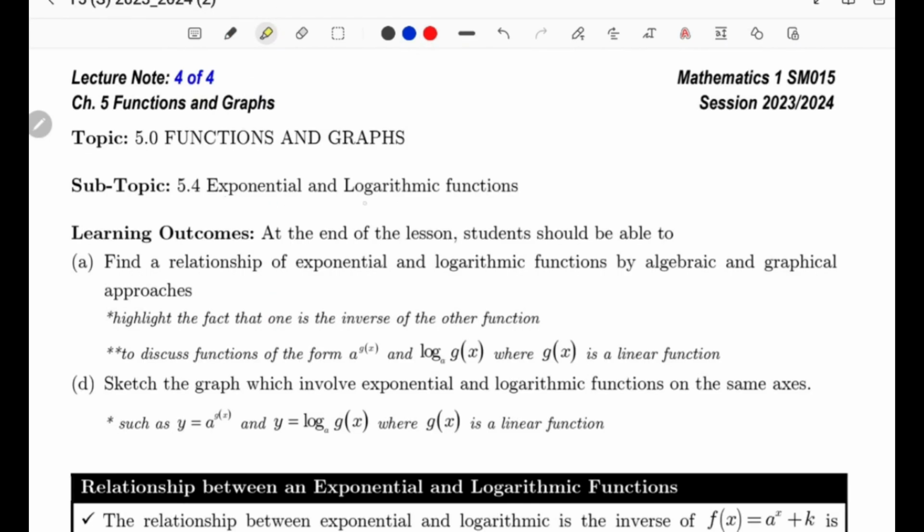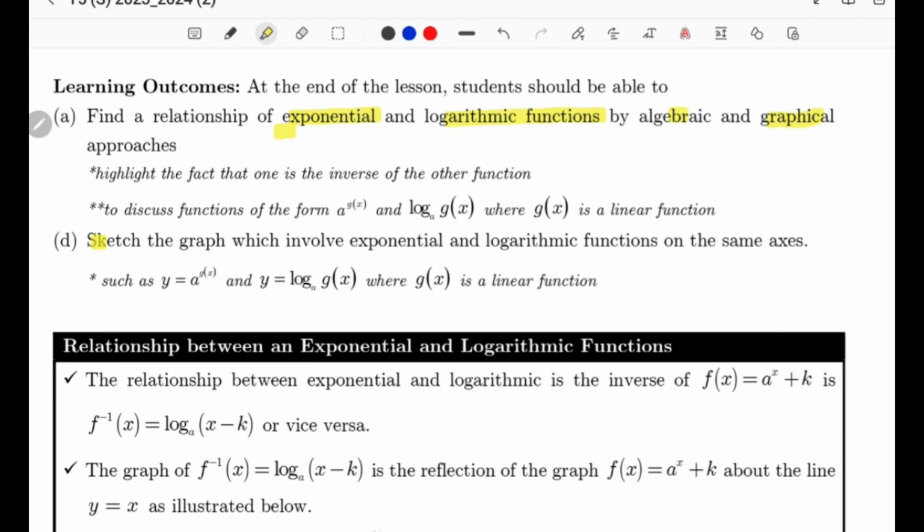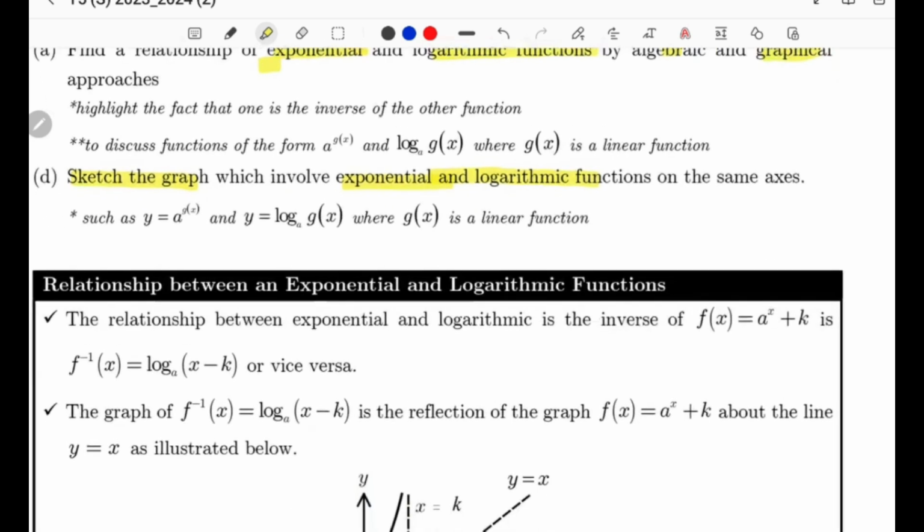5.4. Exponential and logarithmic functions. Learning outcomes: at the end of the lesson, students should be able to find a relationship of exponential and logarithmic functions by using algebraic and graphical approach. Next, students should be able to sketch the graph which involve exponential and logarithmic functions on the same axis.